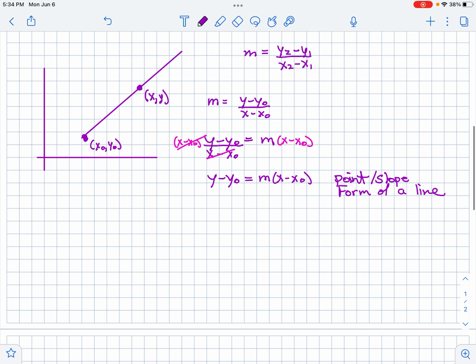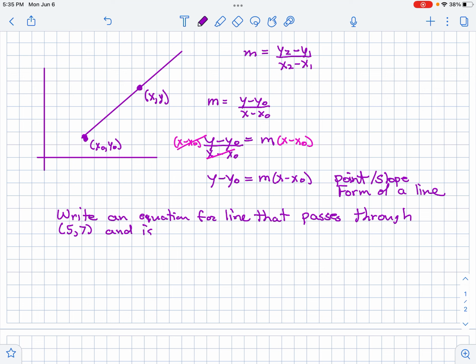So let's see an example here. Let's see if we want to write an equation for a line that passes through 5, 7, is parallel, and has a slope of m equals 2/9.